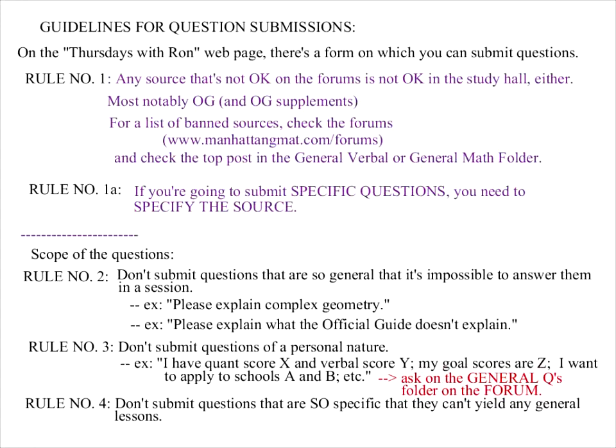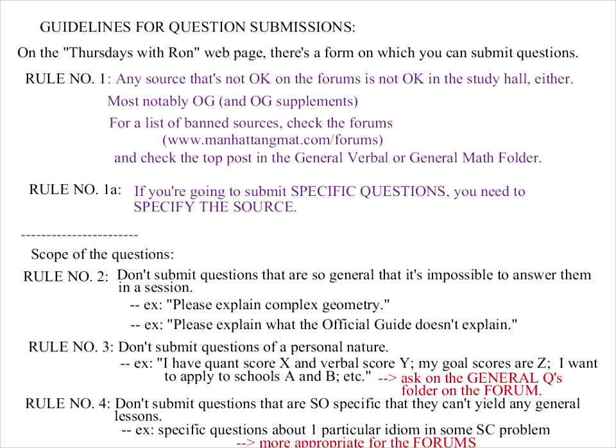For instance, one type of question that's not really appropriate for a study hall is a specific question about one particular idiom in some sentence correction problem. The best place to post things like that is the forums again, because that's what the forums are for.